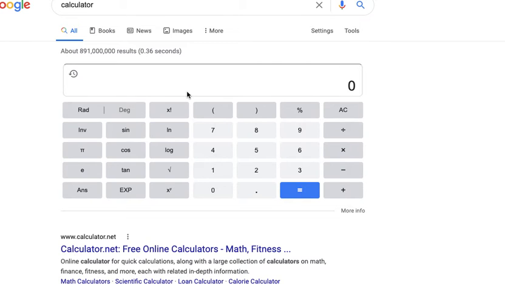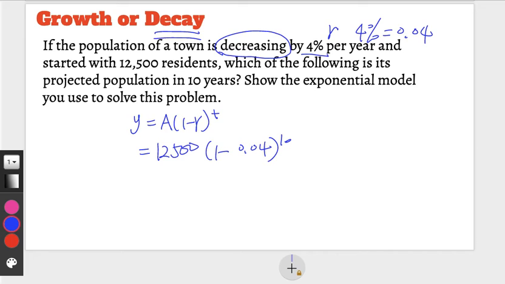So it's going to be 12,500 and parenthesis 1 minus 0.04 parenthesis. And when you put in an exponent, you can use this little key here, x to the y power. So 12. And for the population, I'm going to just use a whole number here. And since it's an 8, I'm going to round it up. So it's going to be 7659.